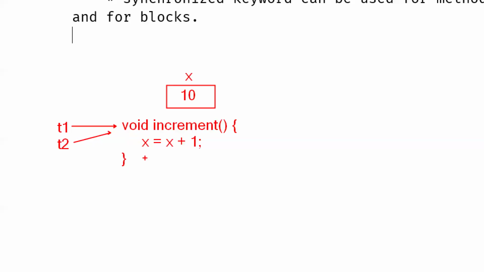Understand clearly. The question is, if two threads are executing this method simultaneously, I'm taking a simple example to understand the concept. Two threads are executing this instruction at a time.